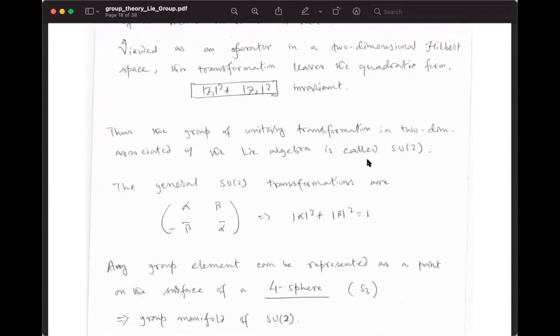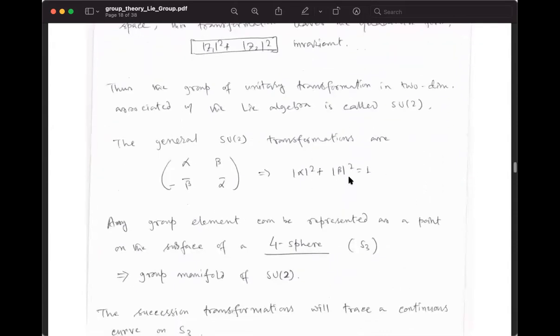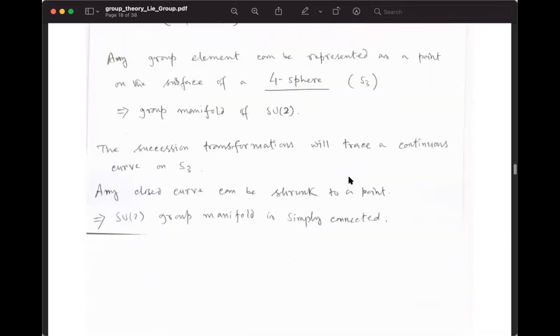If you define some kind of complex notation with the element like alpha, beta, minus beta bar, alpha bar, it leaves mod alpha squared plus mod beta squared equal to 1. That corresponds to the determinant equal to 1, and any group element can be represented as a point on the surface of a four-dimensional sphere S3, and this S3 is the group manifold of SU(2).